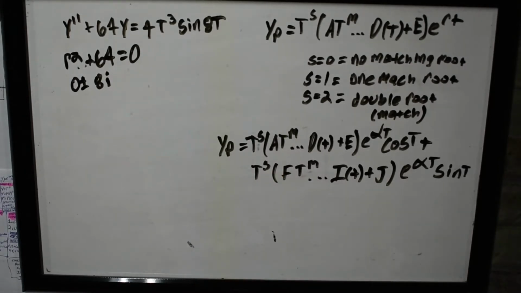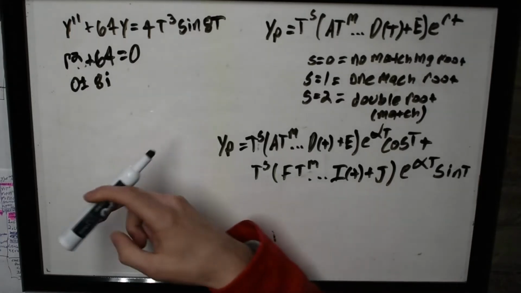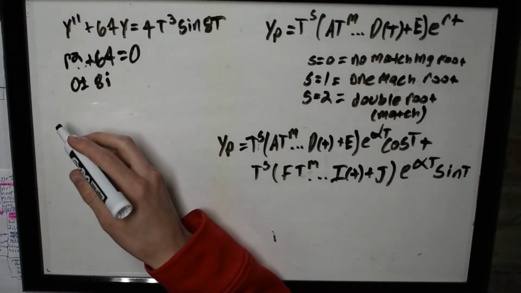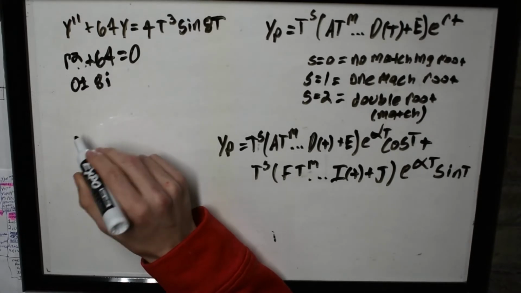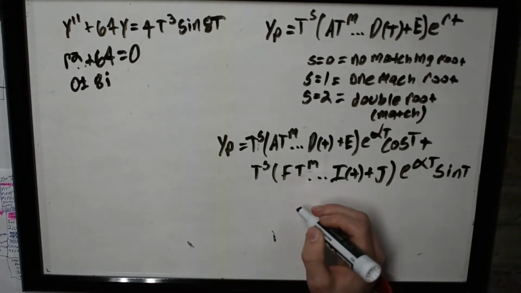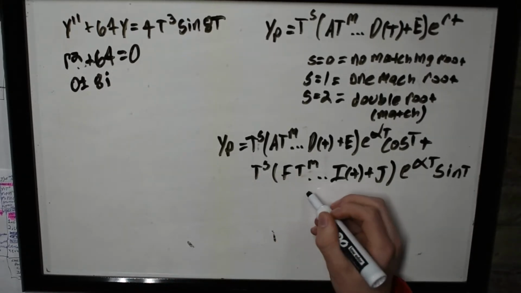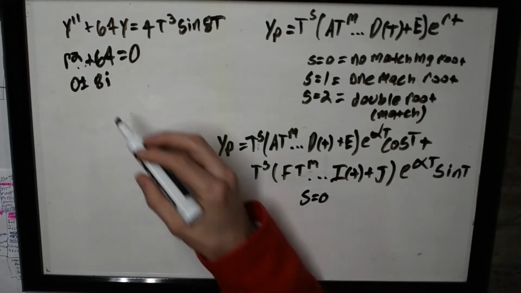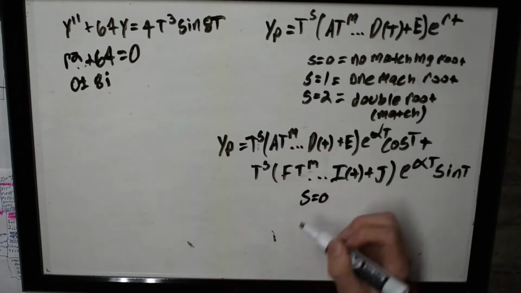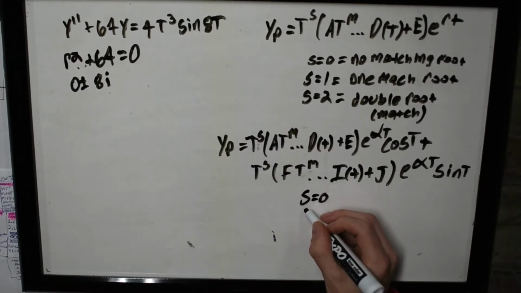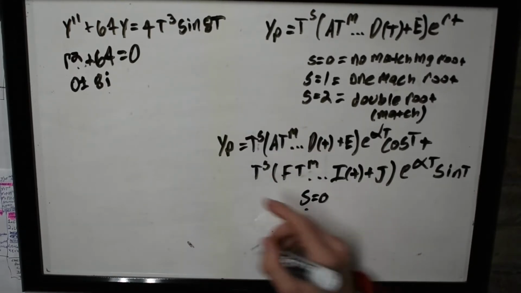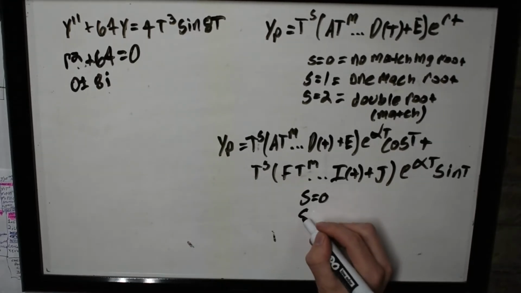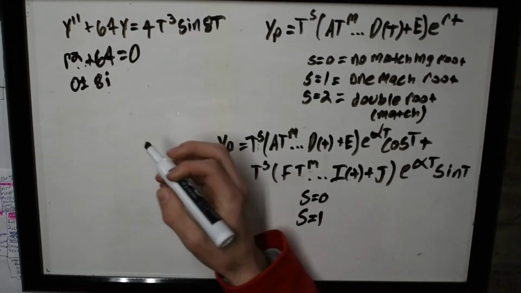So since we have a complex number, we know that we have to use this formula. Okay, so now that we have this formula, we need to see if s is equal to 0 or s is equal to 1. S is going to equal 0 when the roots don't match. S is going to be equal to 1 when they do match.